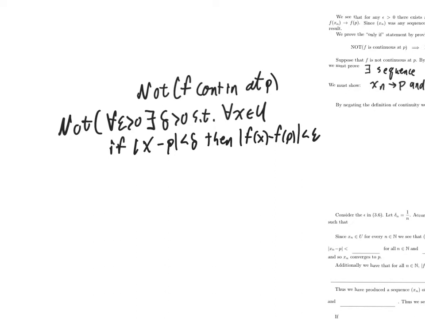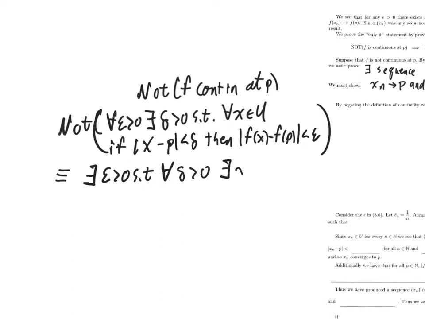So negating all this gives me, well, negate a universal, so it's not true that for every epsilon some stuff happens. So there must exist an epsilon so that all of that stuff does not happen. There exists an epsilon bigger than 0, such that negating this existential modifier will give me a universal modifier: for every delta bigger than 0. Negating this universal quantifier will give me an existential quantifier.